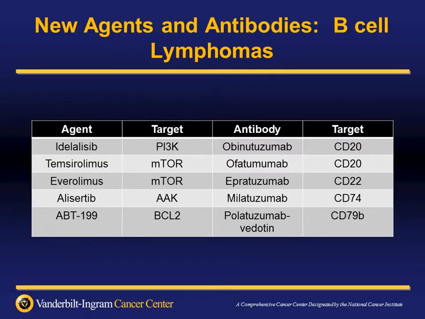ABT-199 is directed towards BCL2, thought to be important in germinal center lymphomas. Obinutuzumab may be better than rituximab in CLL in a randomized trial with chlorambucil, ofatumumab, epratuzumab targeting CD22, milatuzumab targeting CD74, and polatuzumab vedotin, CD79B, which is on a reasonable number of large B-cell lymphomas.